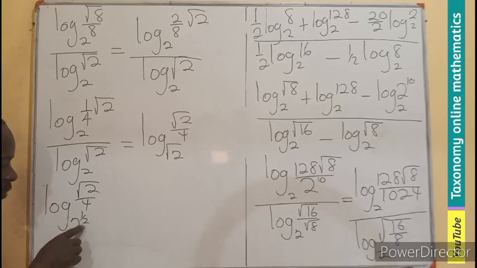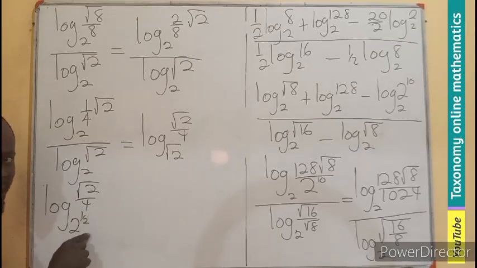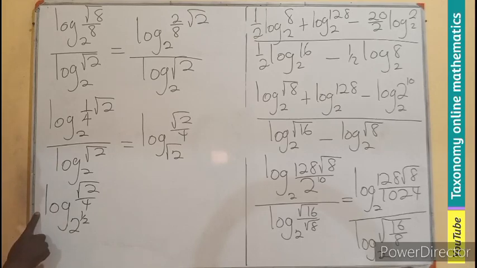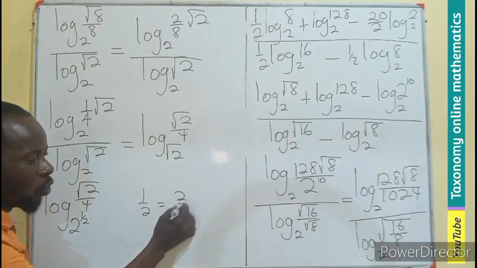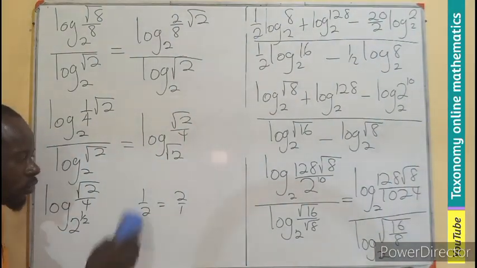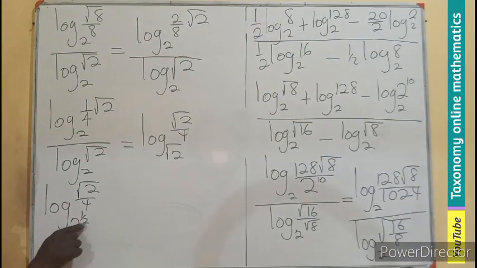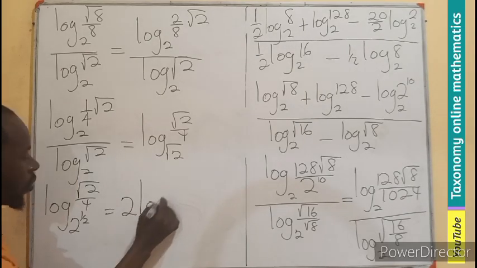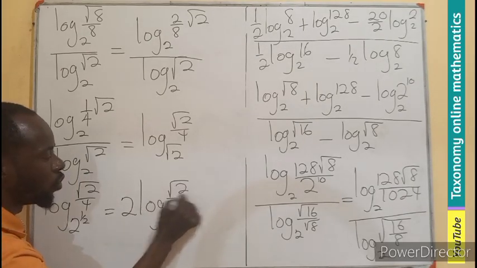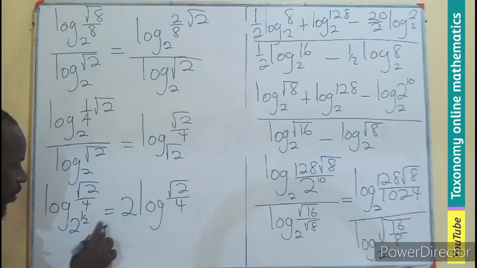And remember we said when we have an exponent as a base, we find the reciprocal of the exponent to multiply the logarithm. So the reciprocal of 1 over 2 will be 2 over 1, which is the same as what? 2. Meaning this 2 goes to multiply the log of root 2 over 4.